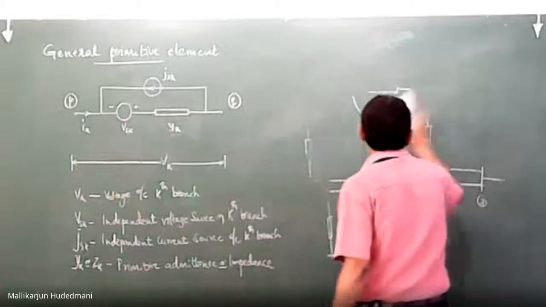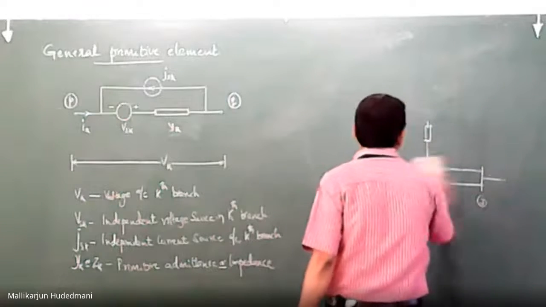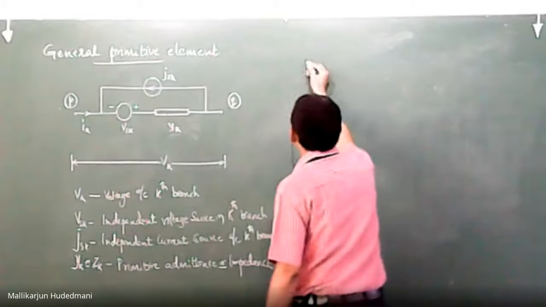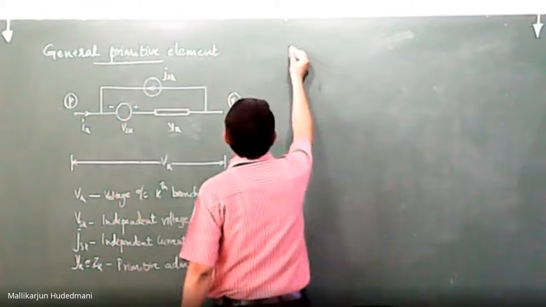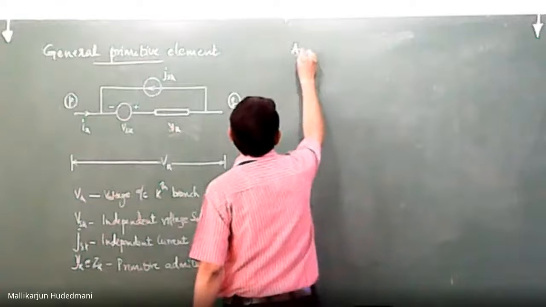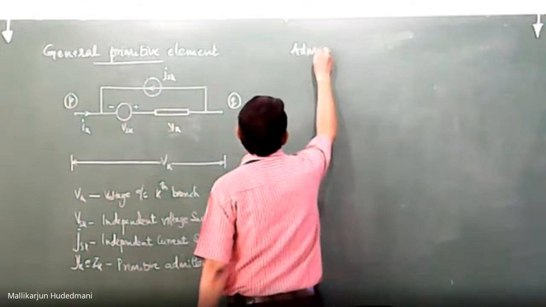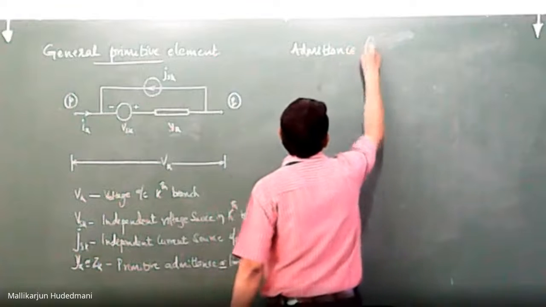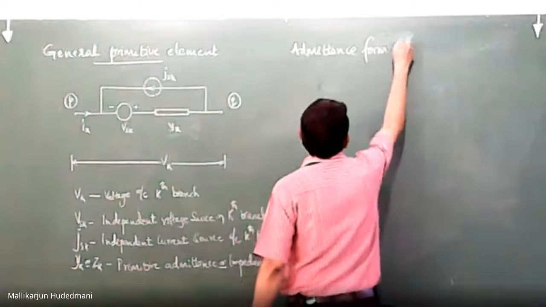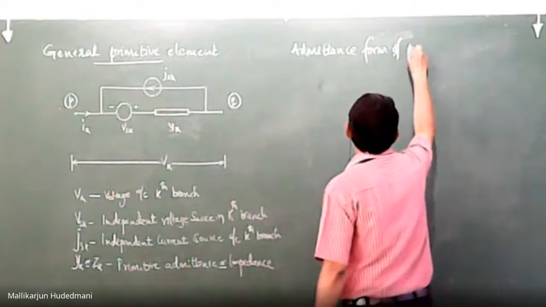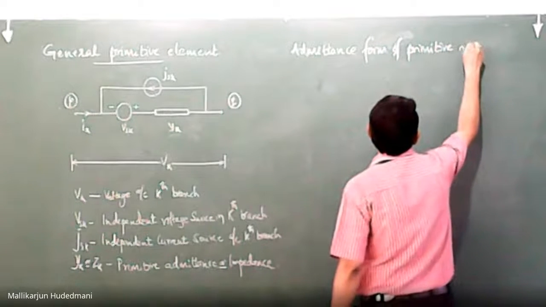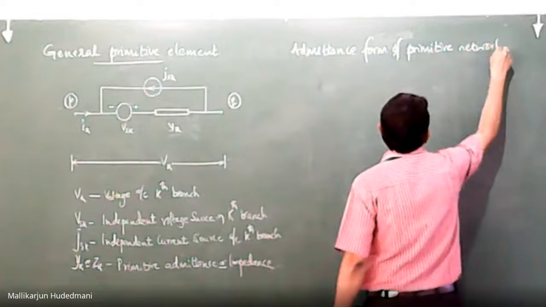I just extend the word, and that will be our standing point for further discussion of our Y bus by singular transformation method. So I write here: admittance form of primitive network element.